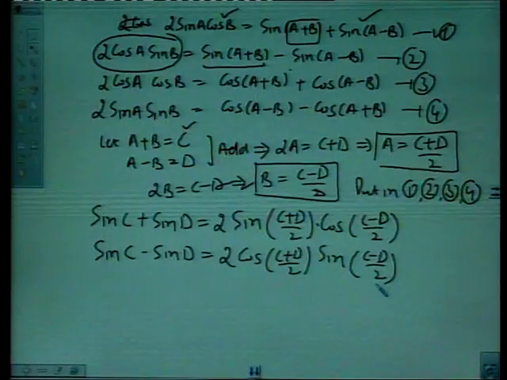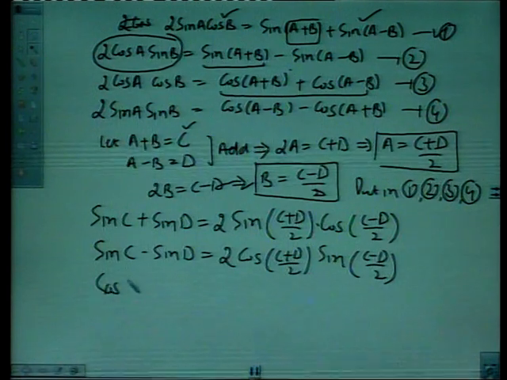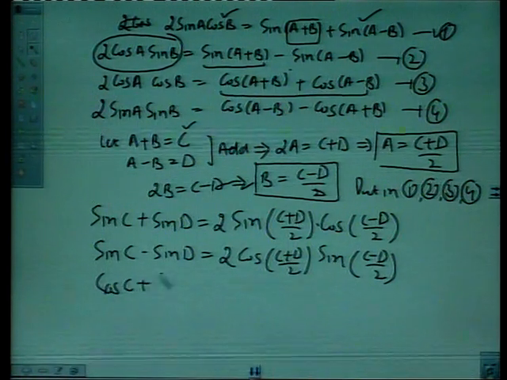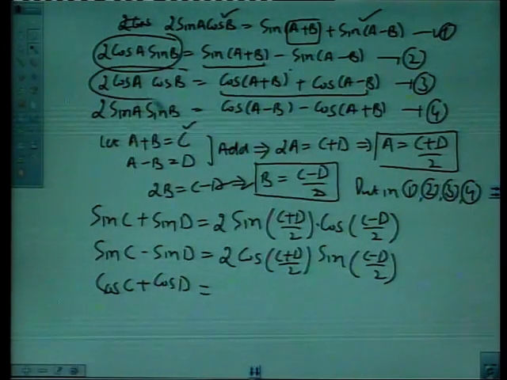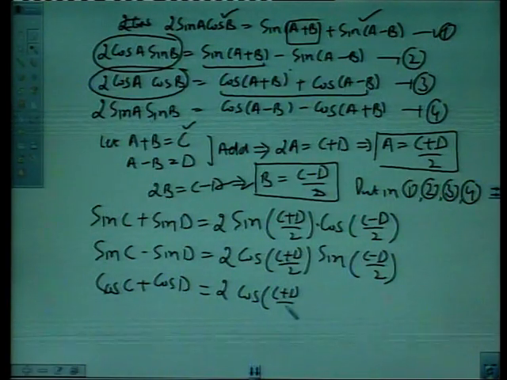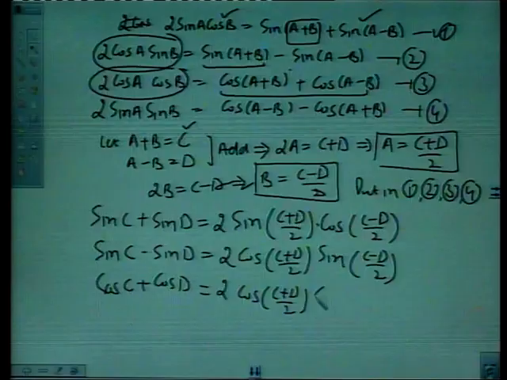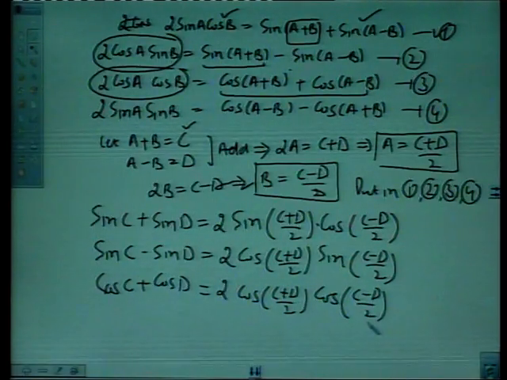Similarly, the third formula is cos(A plus B) plus cos(A minus B). Cos(A plus B) means cos C plus cos D is equal to 2 times cos A, which is (C plus D) by 2, into cos B, which is (C minus D) by 2.